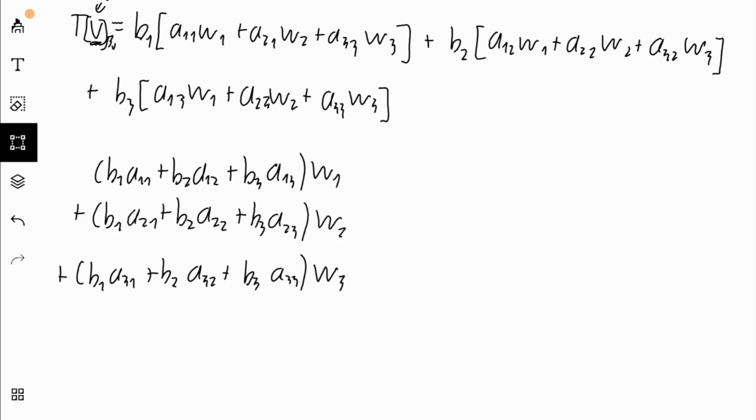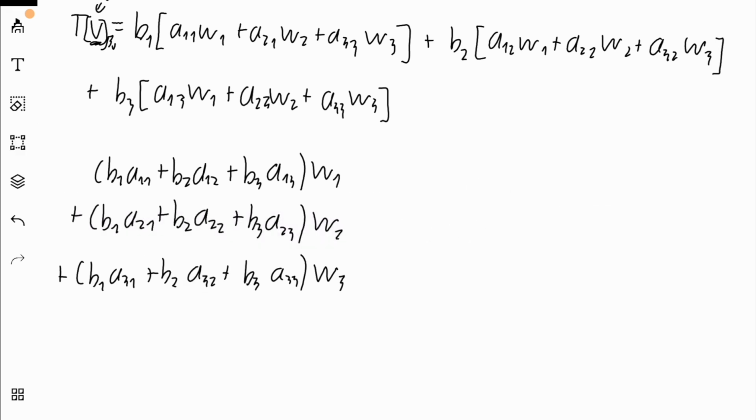Let's imagine we line it up like this, and now what we see is our vector: b1, b2, b3, and again b1, b2, b3, b1, b2, b3. This is our vector v that we have chosen, b1, b2, b3 in our basis B_V, and this vector is from V. And we can choose a different vector, and then we'll have different coefficients b1, b2, b3.